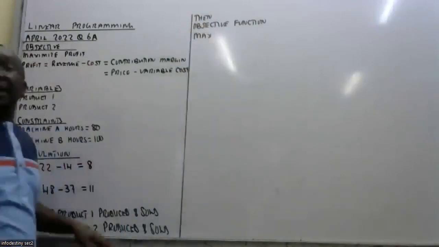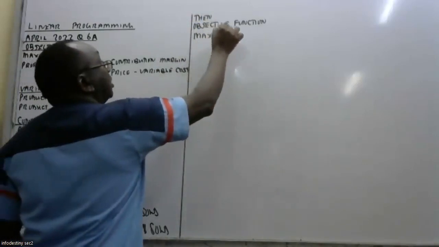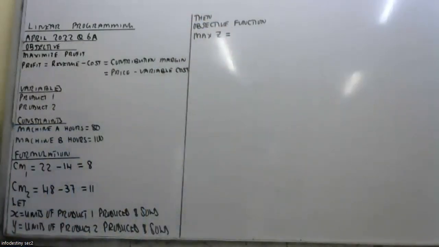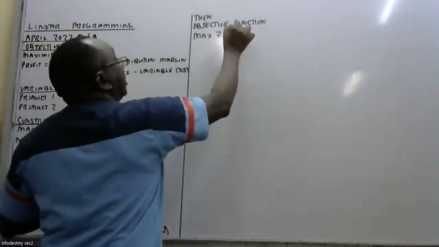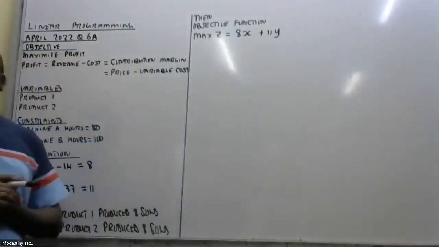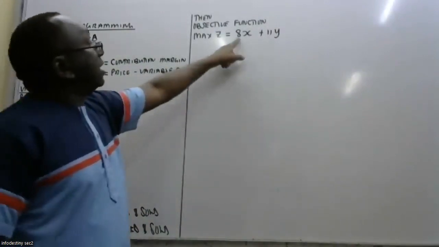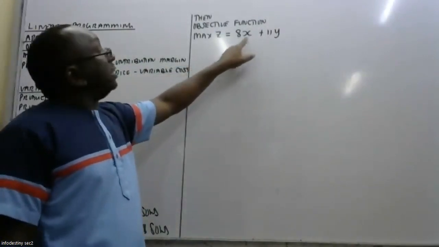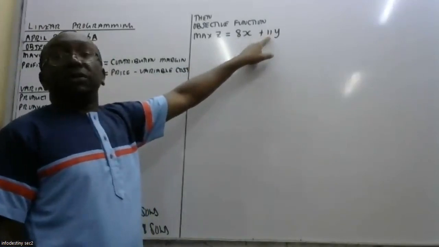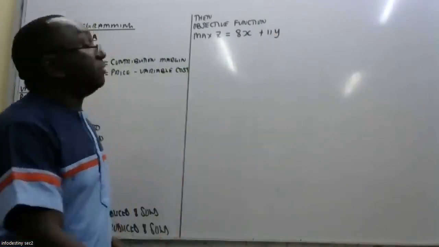We are maximizing, so we write maximize Z equals, and you bring the contribution margin per unit: 8x plus 11y. That is what we call the objective function. It shows the profit that will be made. One unit gives us this profit, and we have this number of units, so when you combine them, you get the total profit.